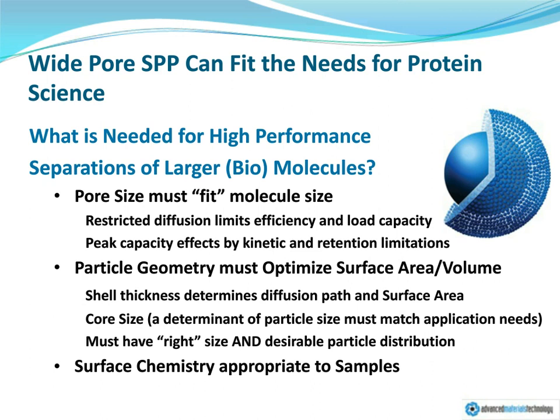We must balance these various characteristics of the particle in order to obtain the most useful material, and we must do so in a way which allows it to be manufacturable, that is, to have a desirable particle size distribution and minimize the variance in particle characteristics between particles. Now, having done so, of course, we must have surface chemistry that is appropriate to the sample. That is, what has the desirable characteristics to interact with proteins or other bio.